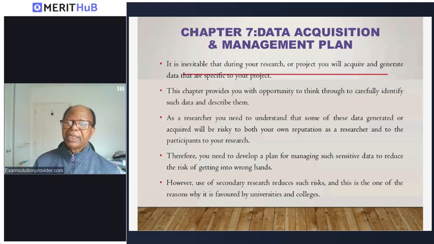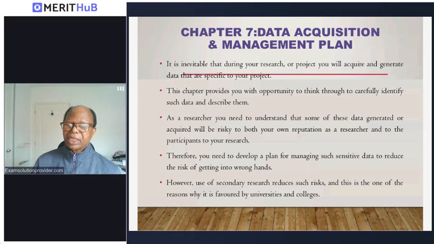As I said, it is inevitable that during your research or project you will acquire and generate data that are specific to your project. This chapter will provide you with the opportunity to think it through, to carefully identify such data, and then describe what sort of data you will be acquiring or generating as you go through your proposed research or project.